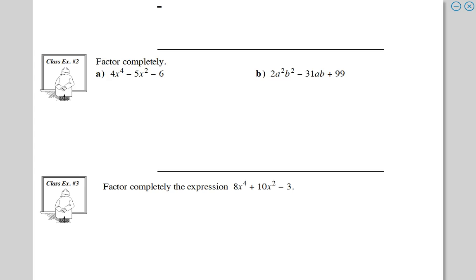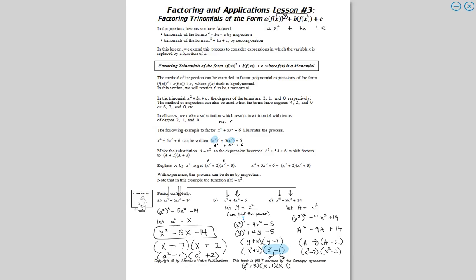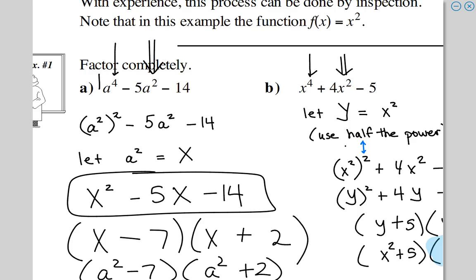Okay, so class example 2A looks the same to me, except there is a little subtle difference. What's the subtle difference? Here A is not 1, so we have to use decomp. If you look on the previous page, what were all these A values? 1.